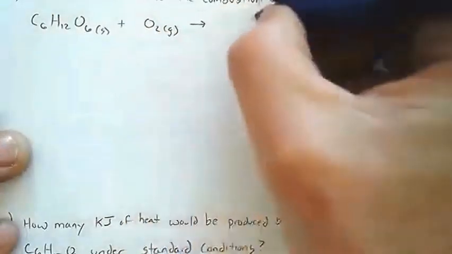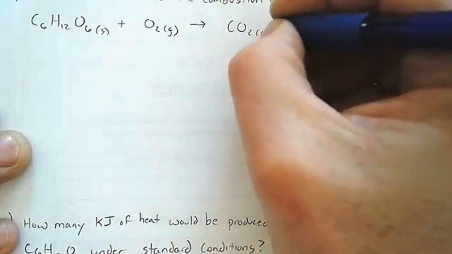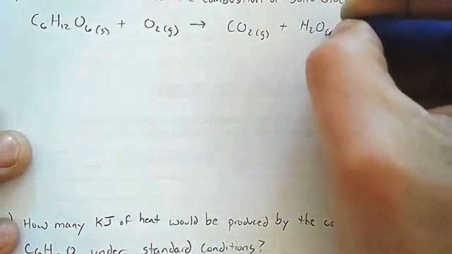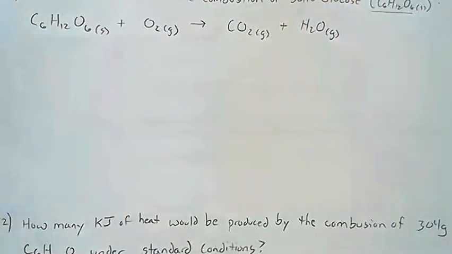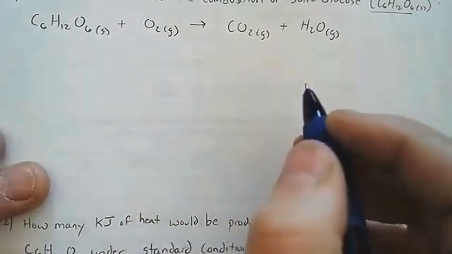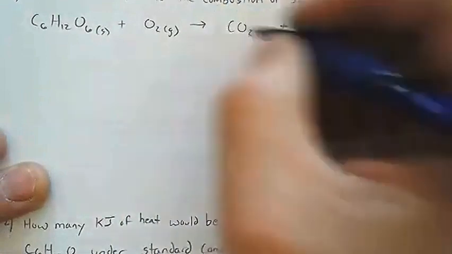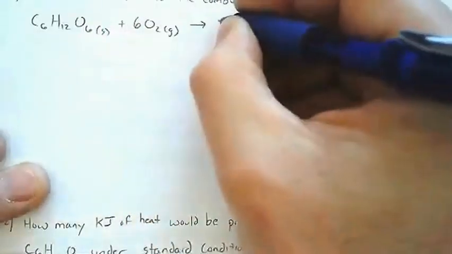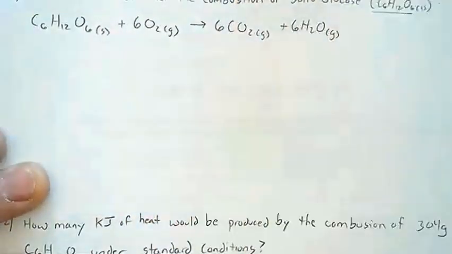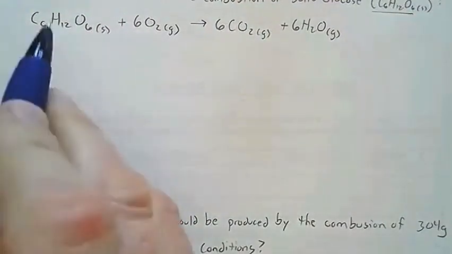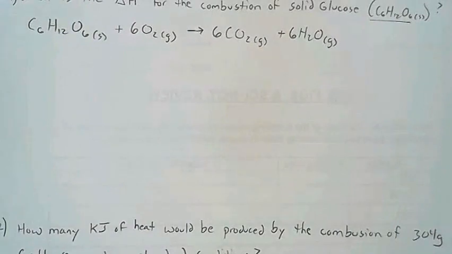And it's going to form carbon dioxide, which is a gas, and also water vapor, which is also a gas. And we have to balance this chemical equation. To save time, I'm going to skip to the end of the balancing and have 6's on the oxygen, carbon dioxide, and water, and only 1 glucose.